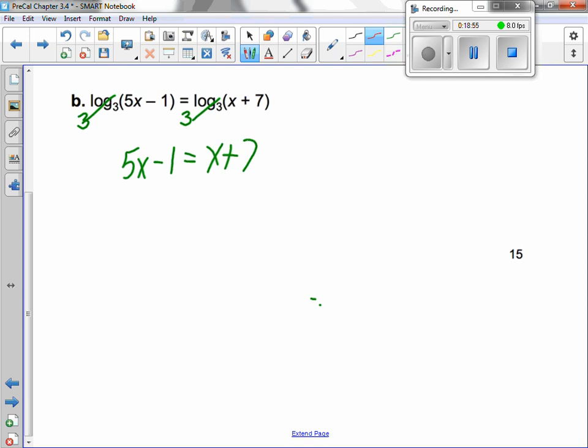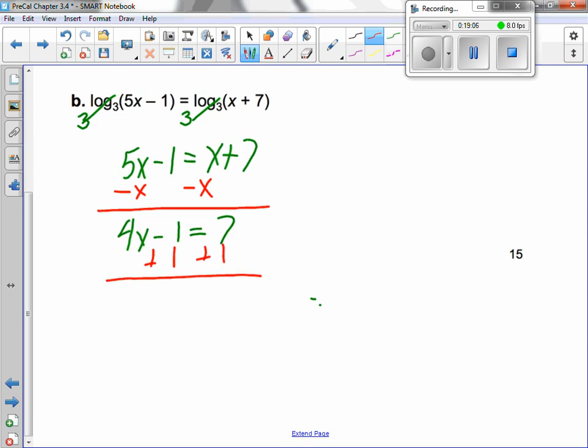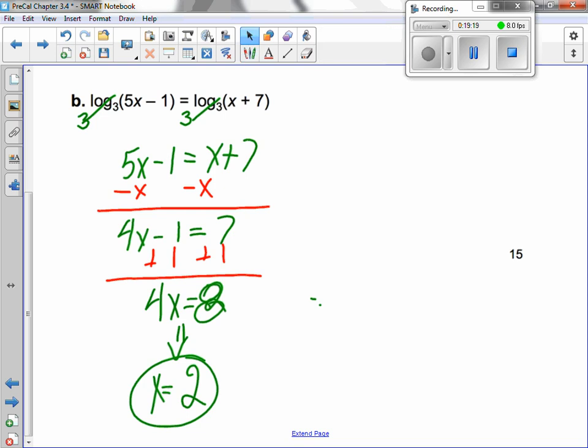So we would get 8. I'm getting ahead of myself. So x is equal to 2. Questions on this here? We good with these here?